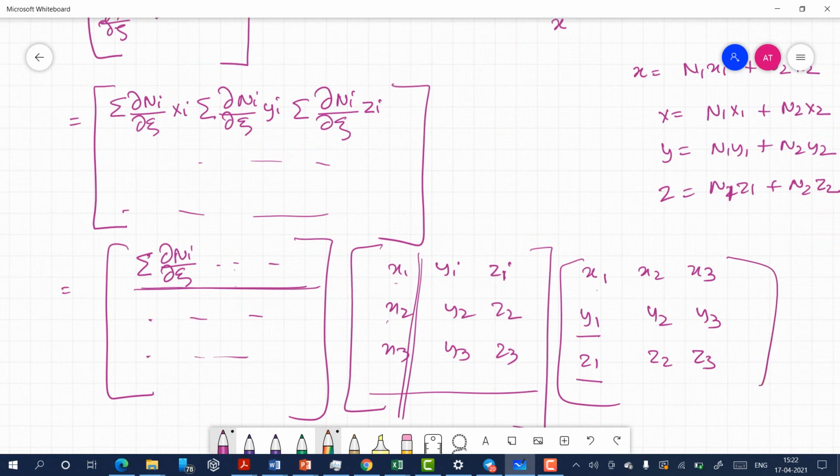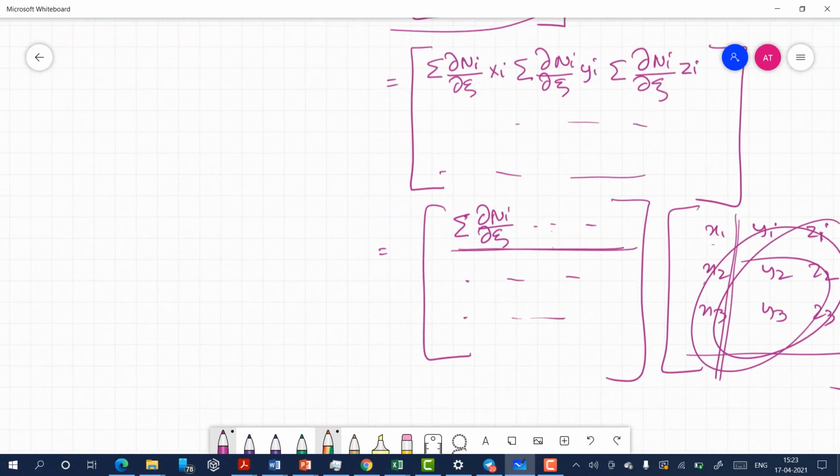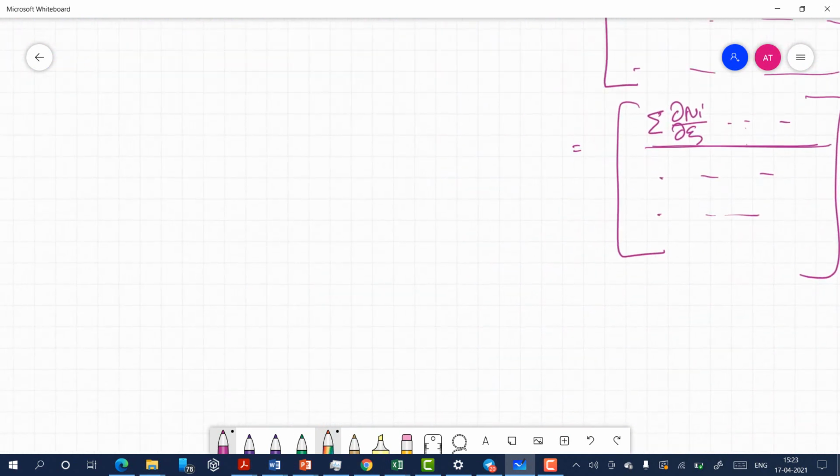So this is how I can write the Jacobian matrix. But basically this is the Jacobian matrix, and if I have to write it simply, then I can simply write J, which is Jacobian, is equal to del x y z by del zeta eta psi.